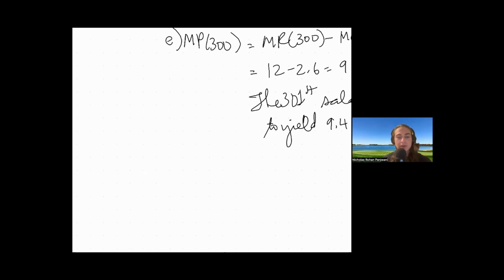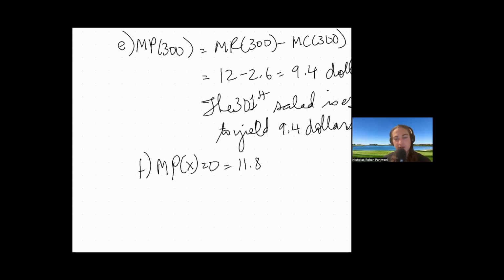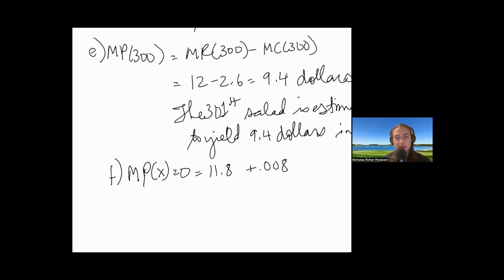So they want marginal profit equal to 0. And for this, we can use that 11.8, plus 0.008x, or it's minus 0.008x. Yeah, minus.